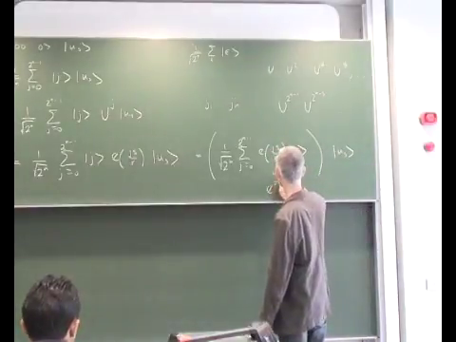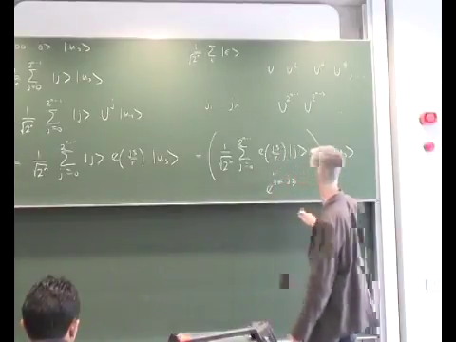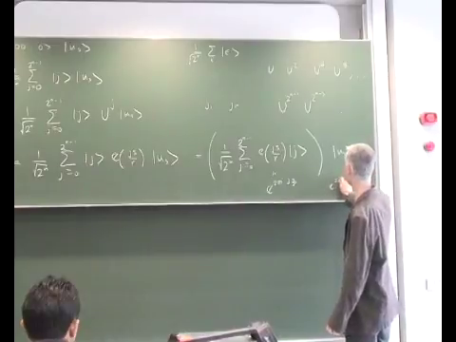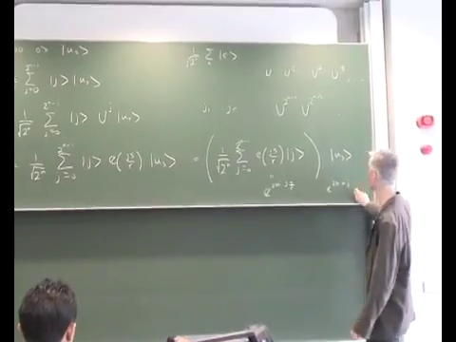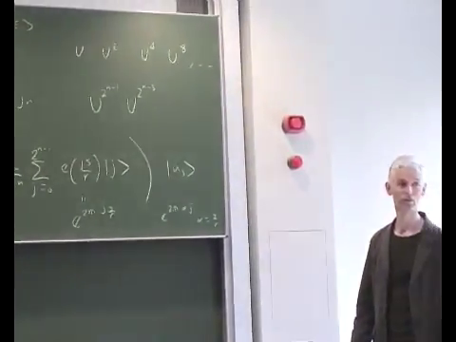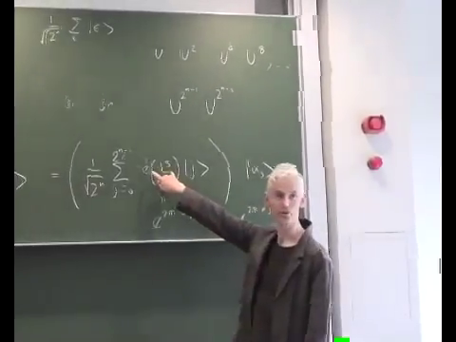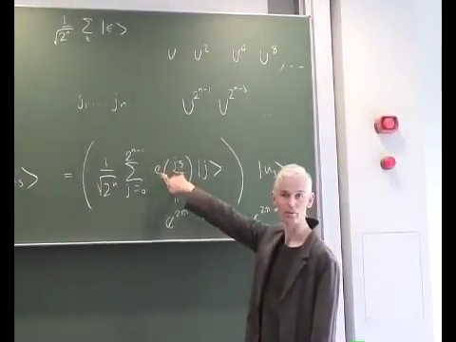That's e to the 2 pi i j s over r. So that's e to the 2 pi i alpha j, where alpha equals s over r.